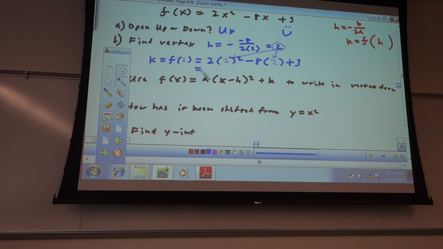Means we end up with 2 times 2 squared is 2 times 4 minus 16 plus 3, so that's 8 minus 16 plus 3, which is negative 5. Yep. So my vertex is going to be 2 comma negative 5.